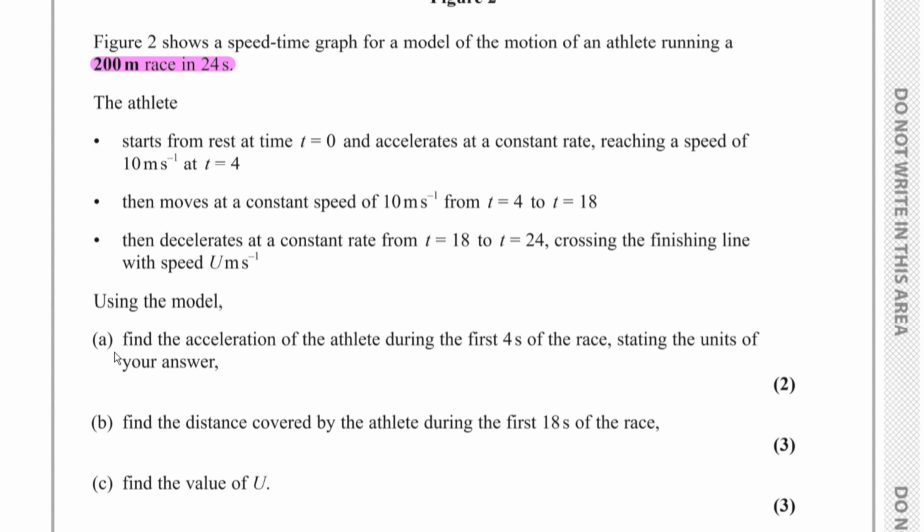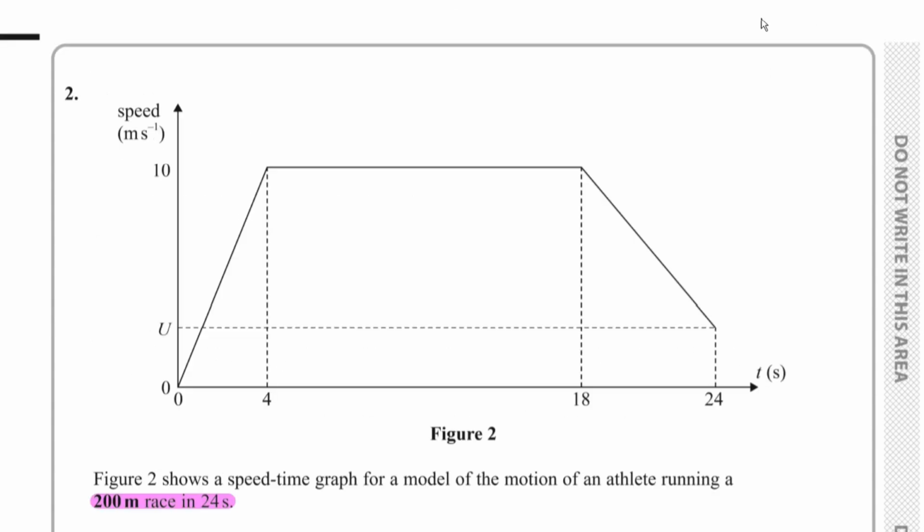Using the model, part A, find the acceleration of the athlete during the first 4 seconds of the race, stating the units of your answer. In the first 4 seconds, the speed increases up until we reach 10 meters per second, and the acceleration will be given by the gradient of this line.